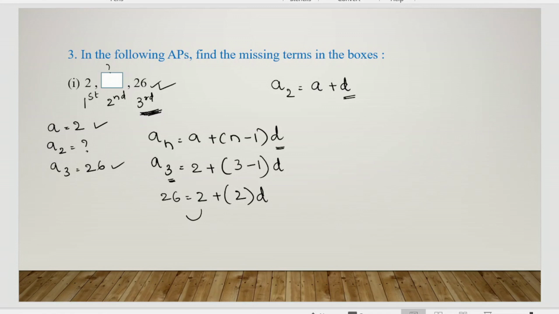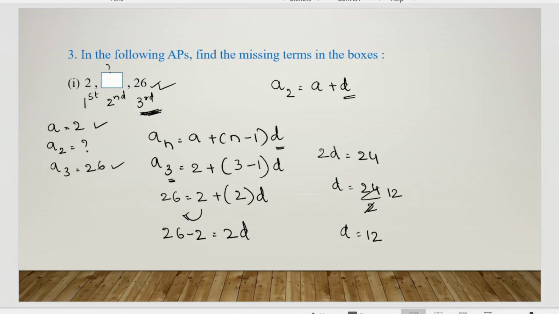I'm just sending this 2 to LHS, which is 26 minus 2 is equals to 2d. So 2d is equals to 24. d is equals to 24 divided by 2, which is 12. Now we know the value of d, which is 12.